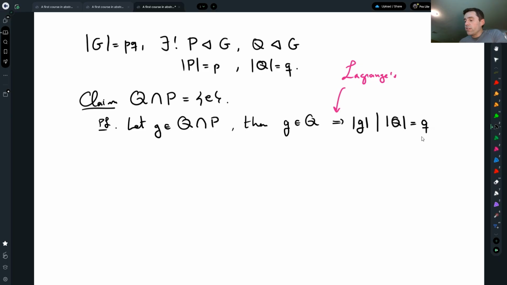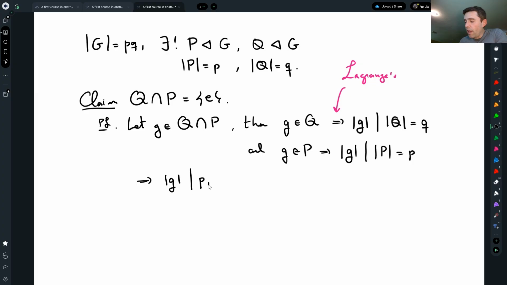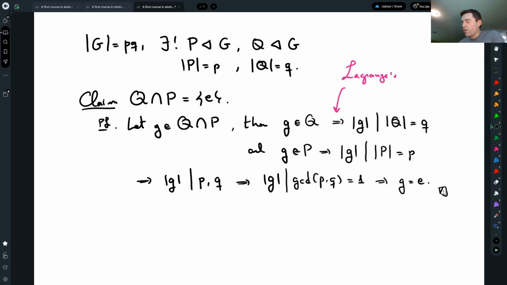And g is in P, so similarly the order of g divides the order of P, which is p. The only number that divides both p and q has to divide the GCD of p and q, which is 1 because they are distinct primes. So therefore g itself is the identity, and I've proved my claim.